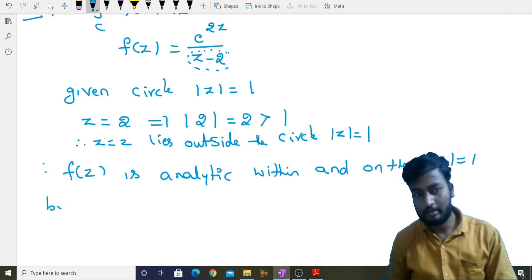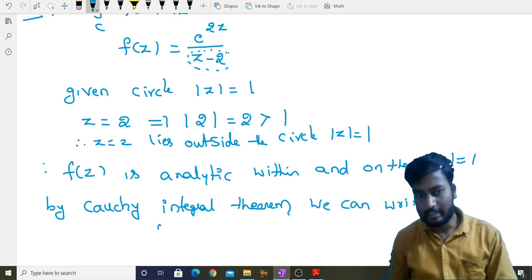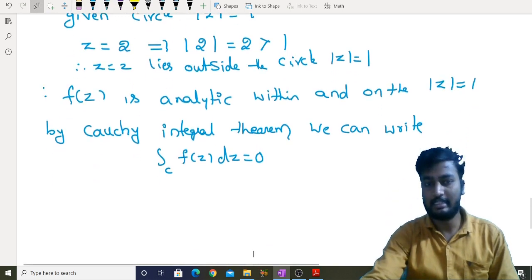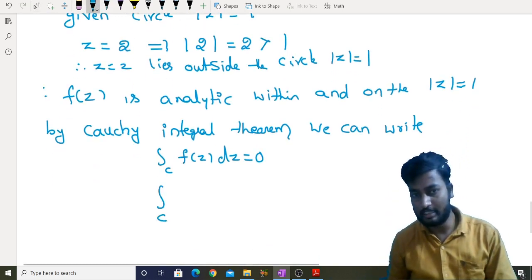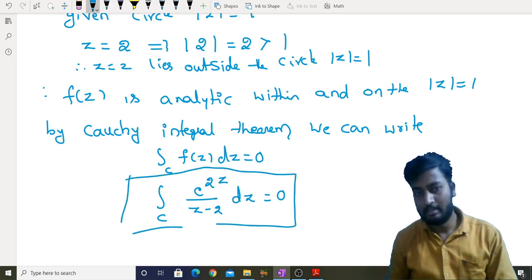Therefore by Cauchy integral theorem we can write the integral over C of f of z dz is equal to 0. That means the integral over C of e power 2z by (z minus 2) dz is equal to 0. So this is by Cauchy integral theorem.